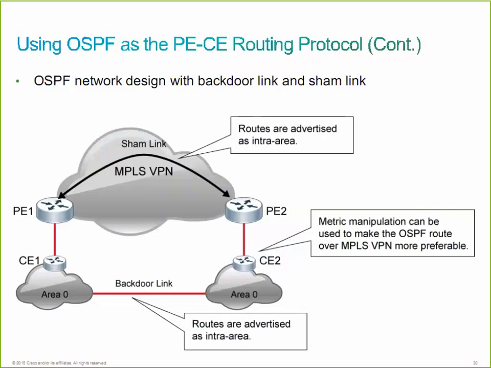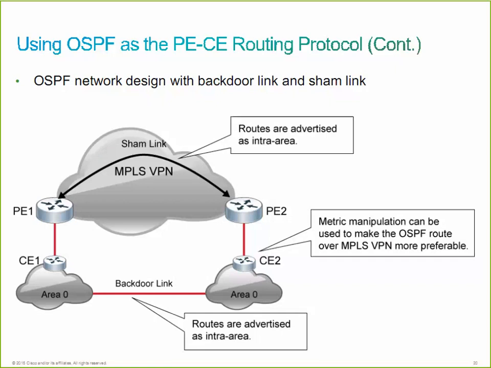Now, if that sham link fails for whatever reason, routing is still possible, but we revert back to inter-area routes, and again, the backdoor routes would take preference in that case because they're intra-area type 1 routes as opposed to inter-area type 3 routes. Does that make sense?